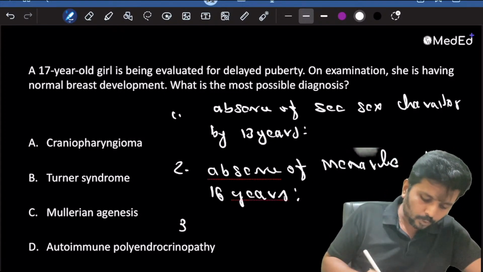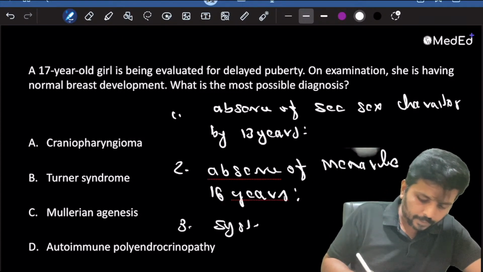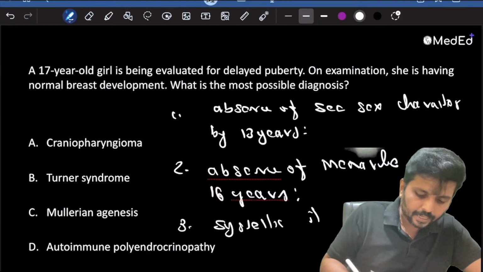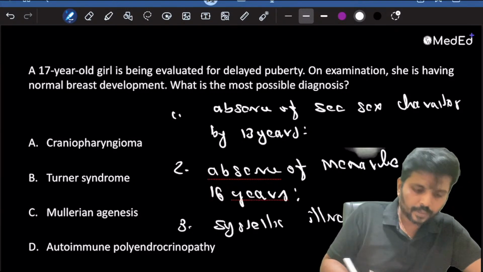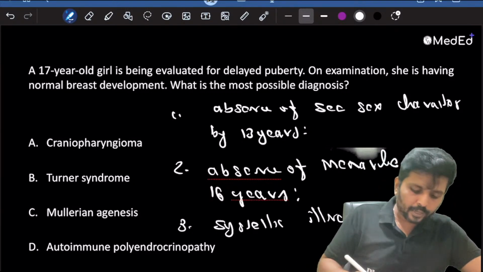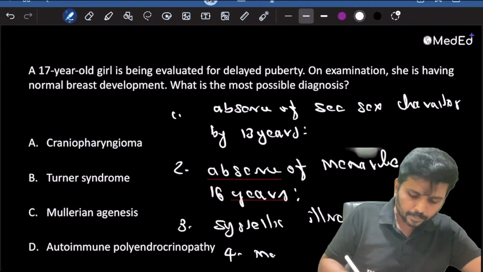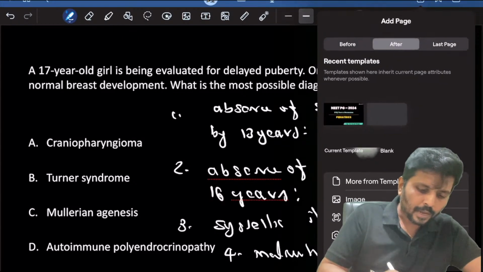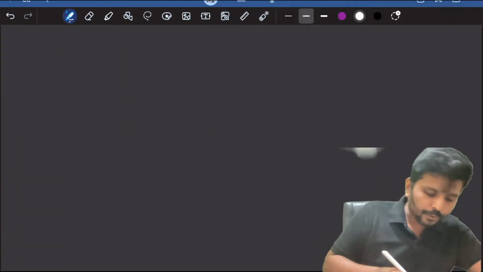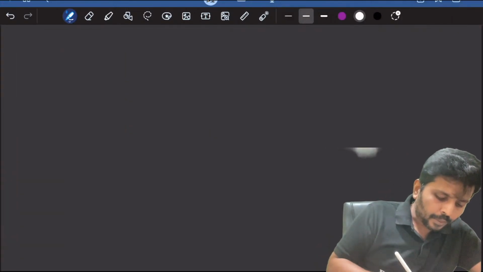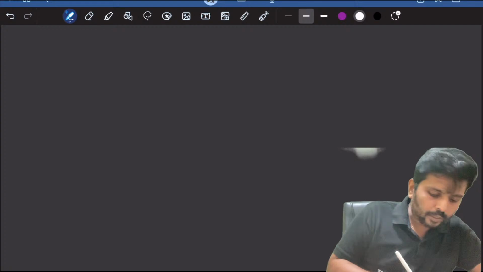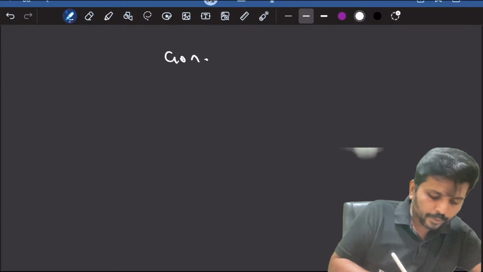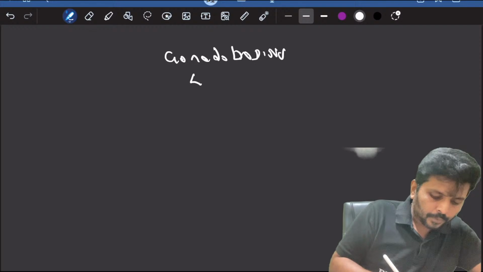So what is the most common cause? The most common cause is any systemic illness. So after ruling out systemic illness as well as malnutrition, poor nutrition, what do you need to do? Very simple. You need to look at the gonadotropin levels, your LH and FSH.